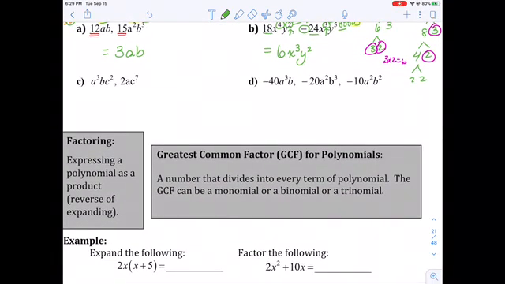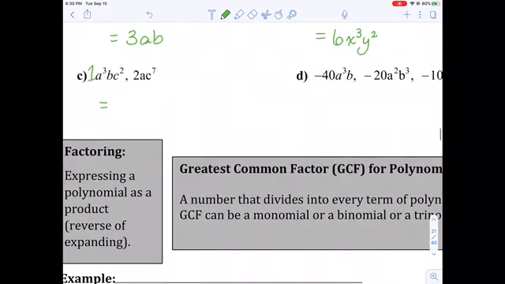If I look at question C, my coefficient in front of a cubed b c squared is a single 1. So the common factor for the number is 1. So that's not a way of reducing that at all. And then if I look at the a, my little exponent there is a 1. So a is common to both.